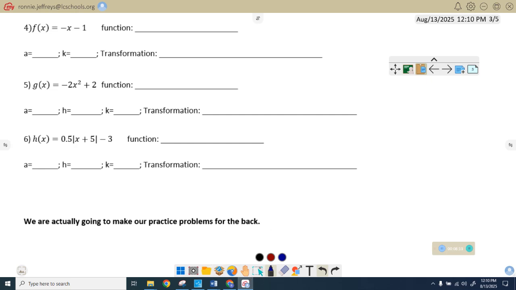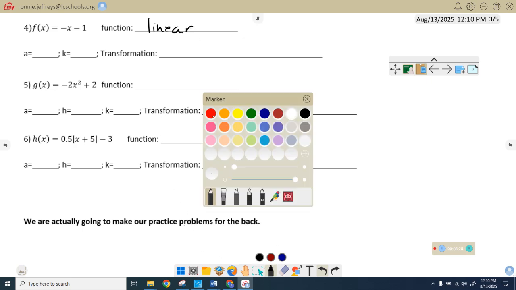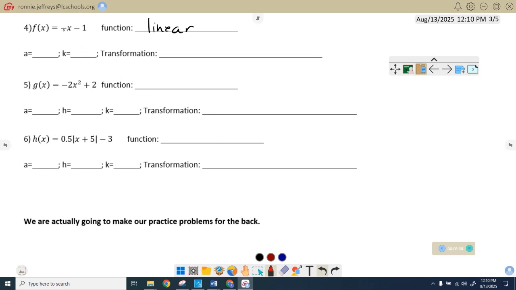All right, number 4. What kind of function is this? Linear. All right. What is our A value right here? -1. All right. So when our A value is negative, this means it's flipped. Okay?